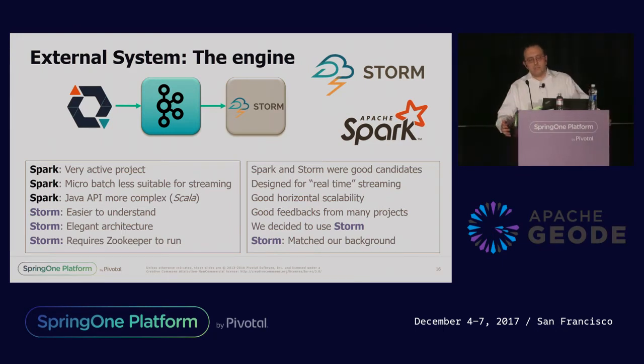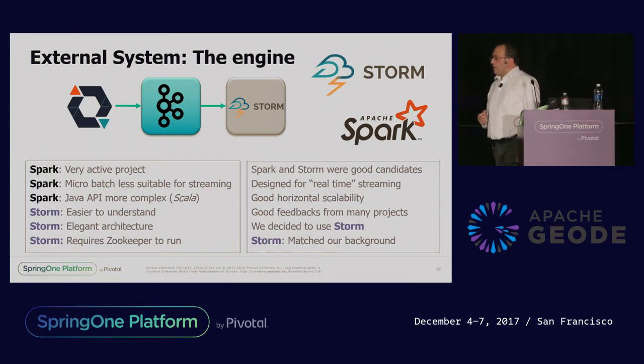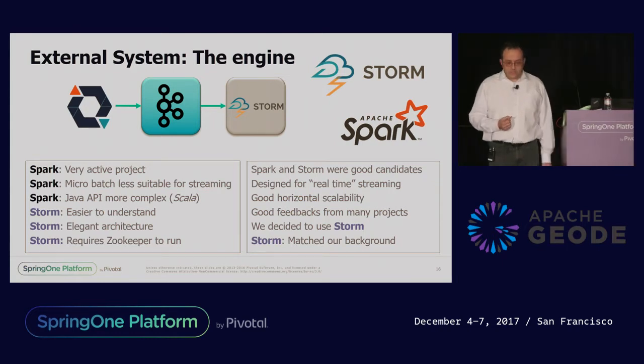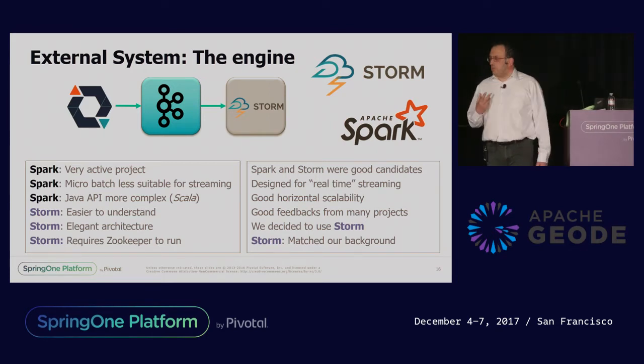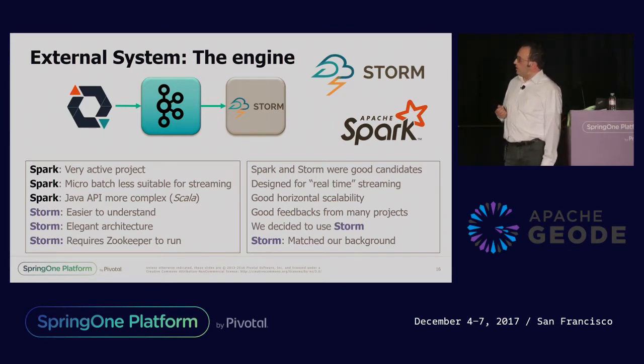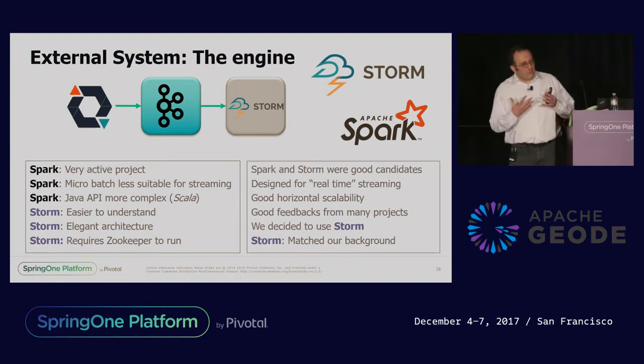But to be honest, with our knowledge, with our product, with our background, we found that micro batches were not really suitable for what we wanted to do. Moreover, at that time, I don't know if they changed it, the Java API was complex. Spark has been designed to work with Scala, and when you use the Java API, it was not very natural, let's say.